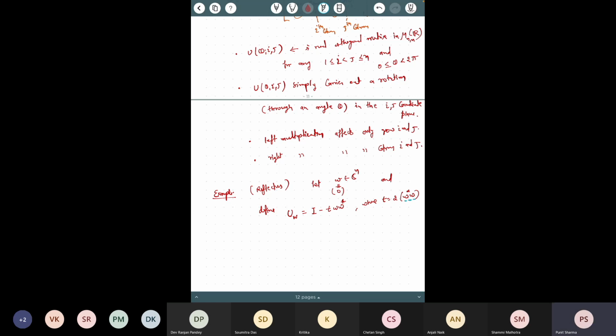Okay, so t is twice of w star w. In particular, if the 2 norm of w is 1, then w star w is 1, so t equals 2. In that case, you can write that u_w is just I minus 2 times w w star.